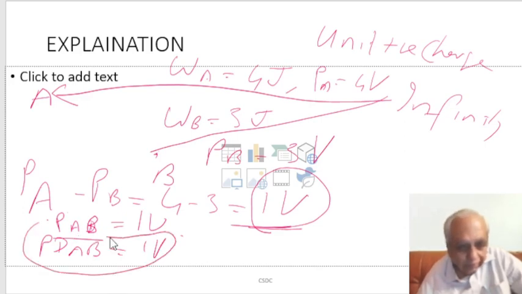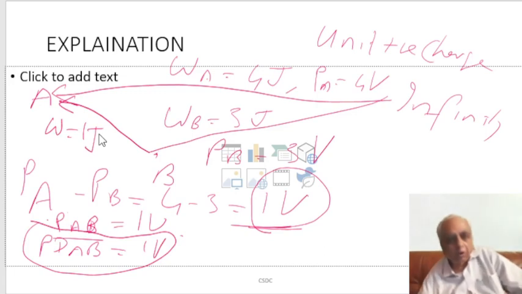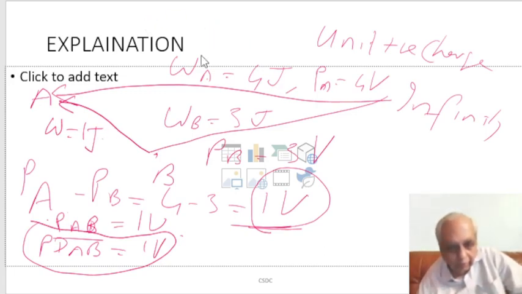It means that in case I move my unit positive charge from B to A, the work done would be 1 joule, because work done is independent of the path. If I bring it from infinity to A, it is 4; I have brought it only up to B, so that is part of the way, and if I bring it further, I will have to do 1 joule of work. So that is called the potential difference between A and B.